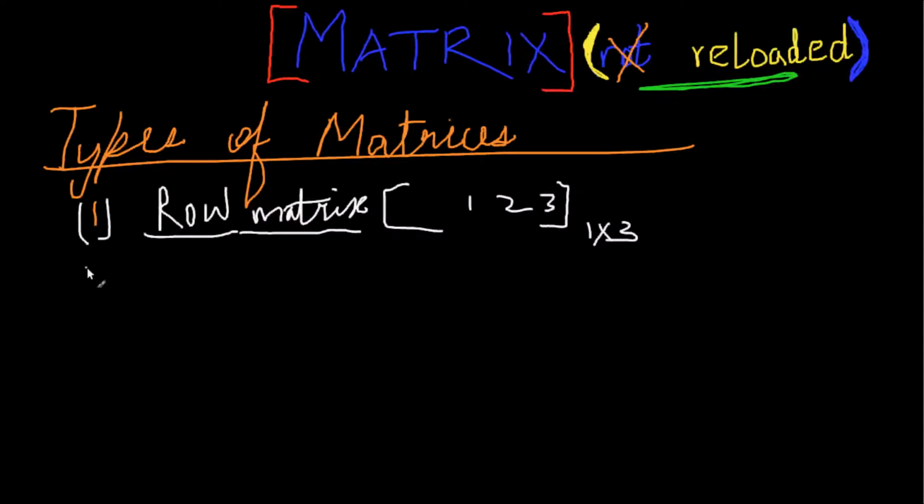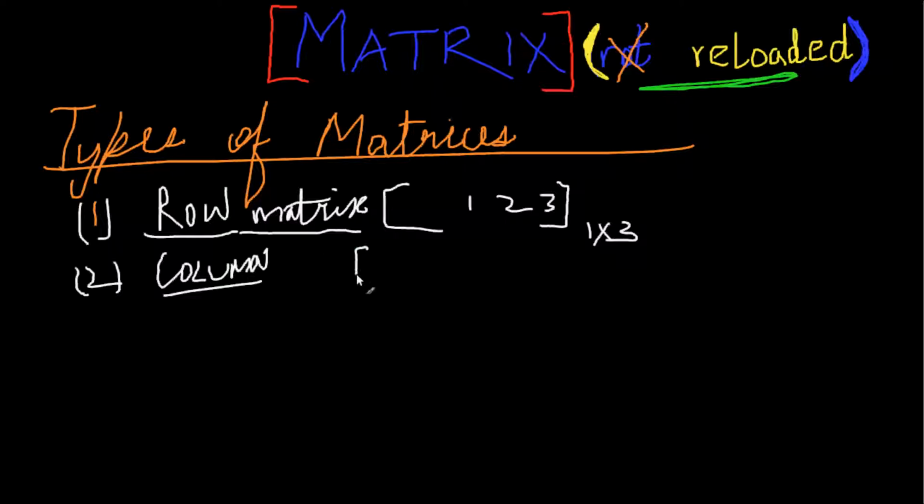So similarly, you can figure out some other examples for yourself. Next, we come on to column matrices. Now, not even the opposite, but just the same concept. A matrix having only 1 column, guys, is known as a column matrix.